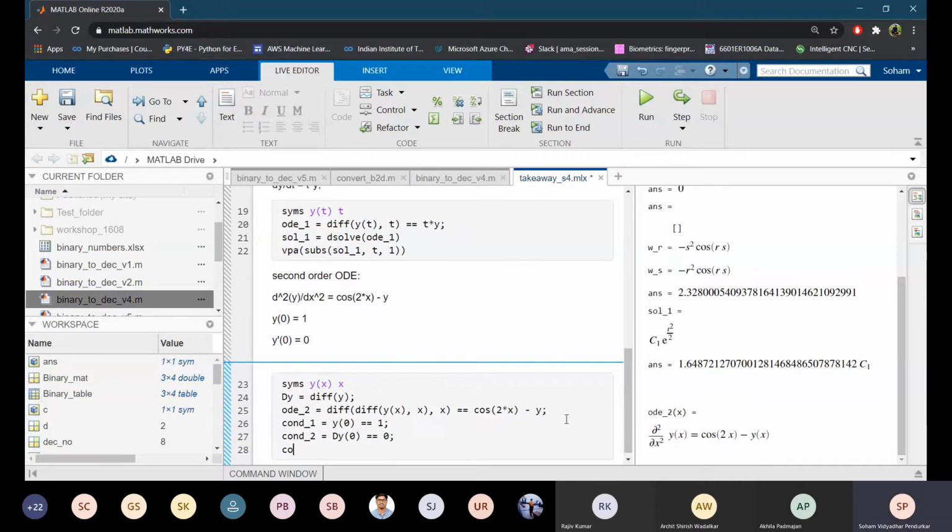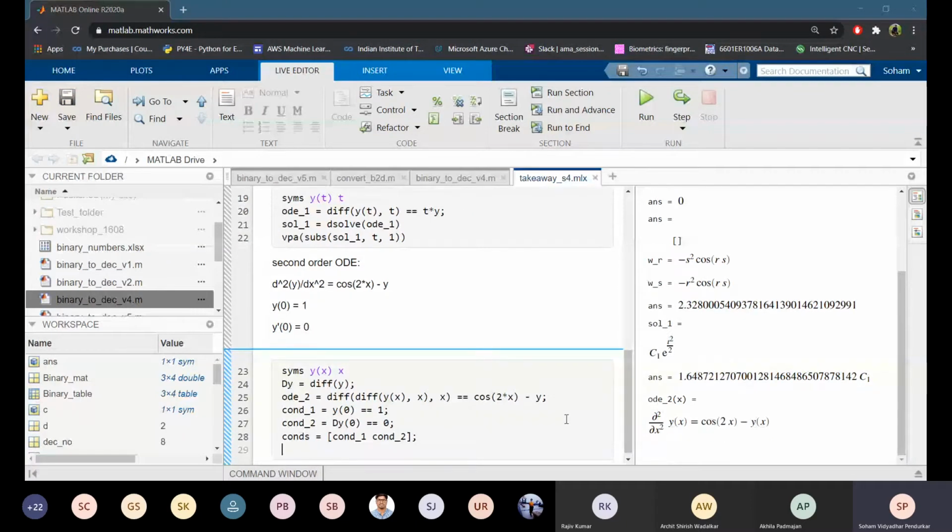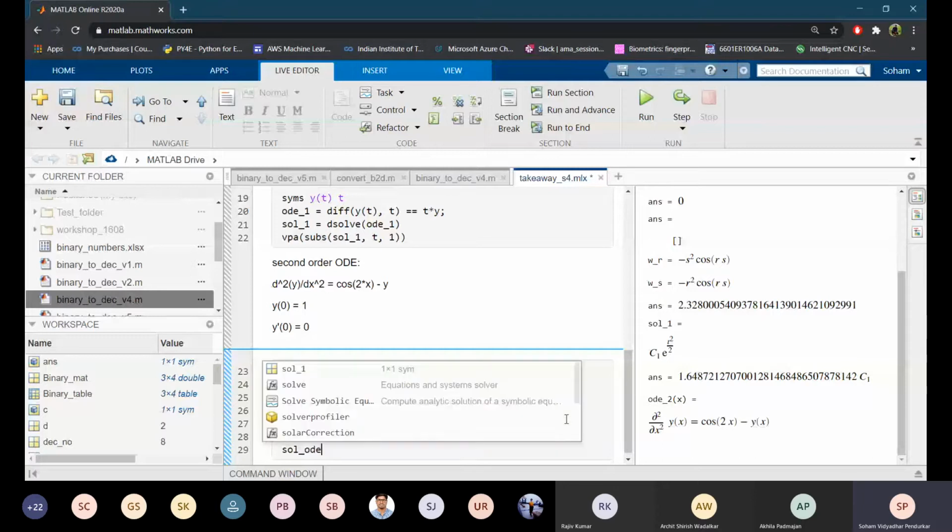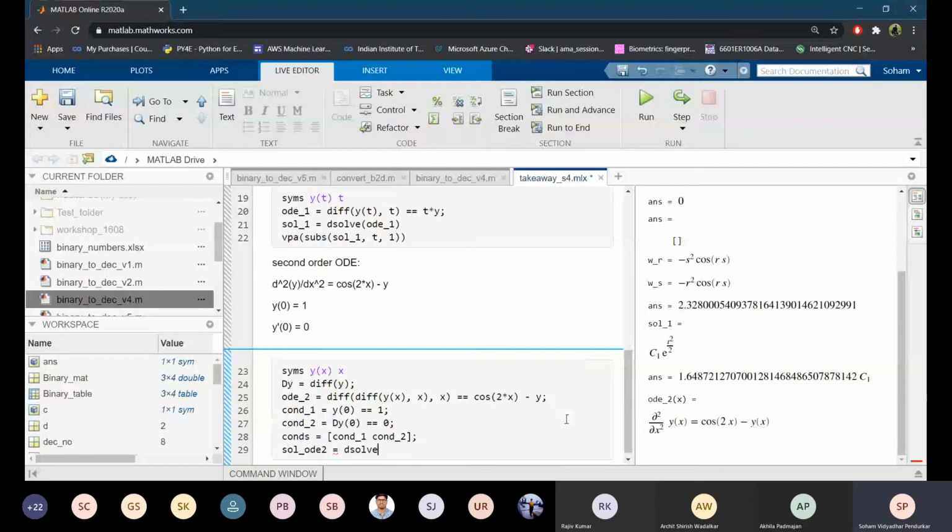And now what I'll do is concatenate those conditions into cons, condition 1 and condition 2. And now I'll feed this to the solver. So solve, let's say solution of ODE2 is equal to dsolve.